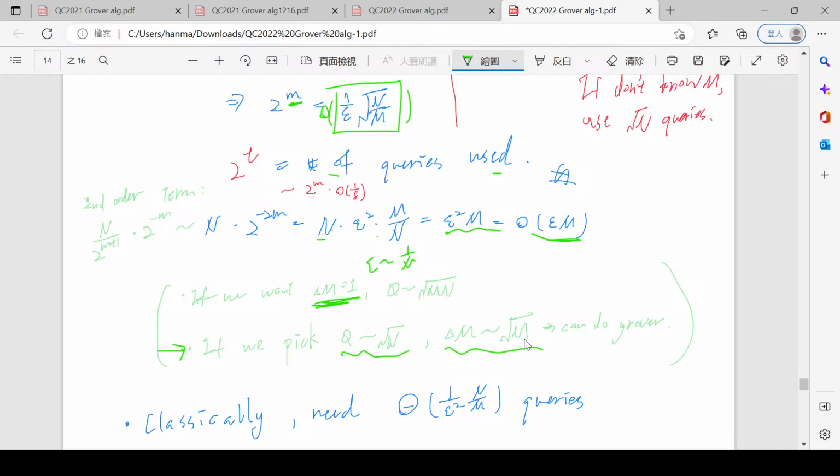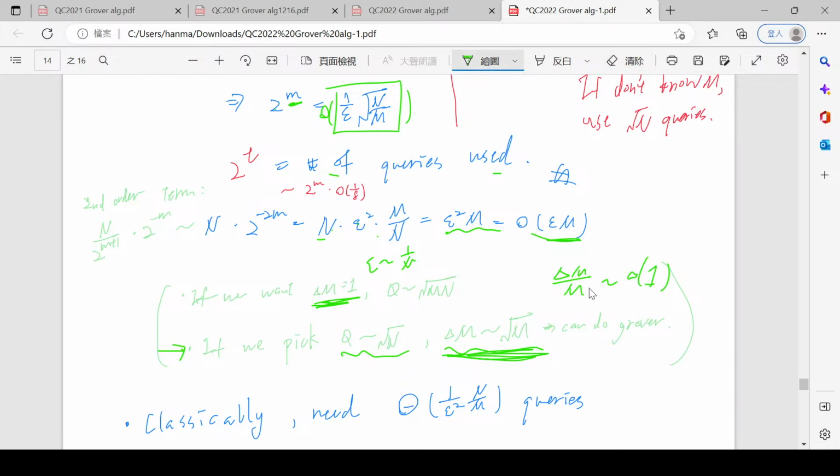I guess you need a few extra calculations, but it can be shown that if you know m to this, then delta m over m is small, like a small constant.